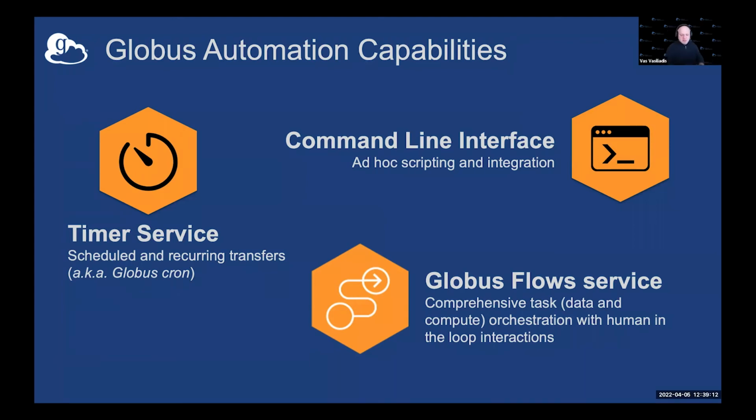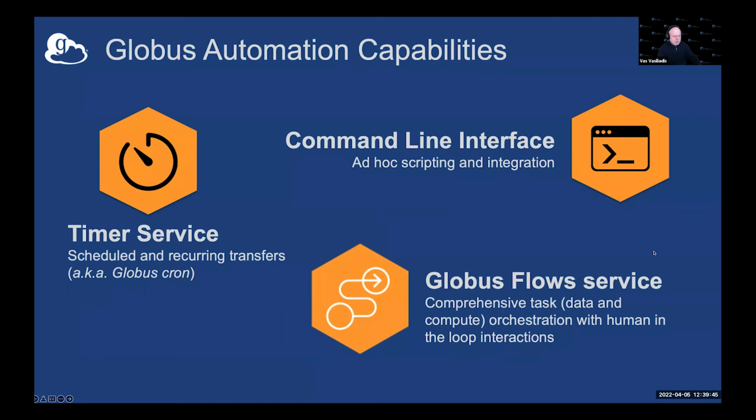The command line is a fully fledged tool, has access to almost all of the services, and in some cases exposes even more options than you might see in the web app. So you can do a lot with the command line. You can build it into your existing scripts. A very common use is to stage in data for compute somewhere. But the one that's most interesting is the Globus Flow service. I'll get back to that.